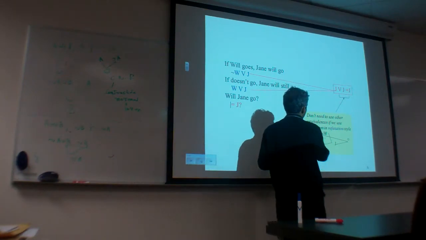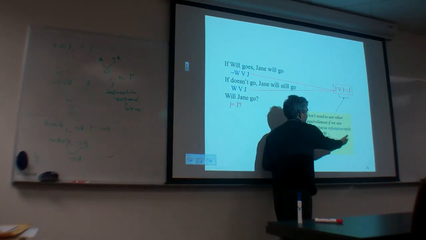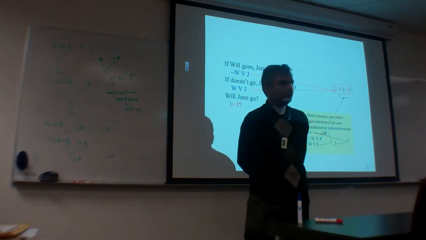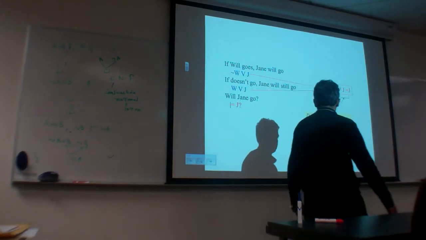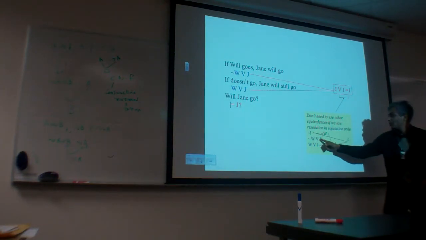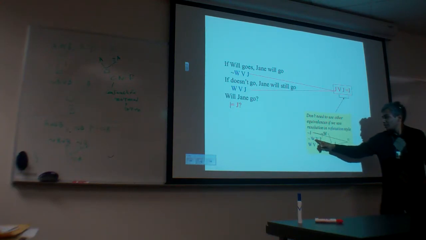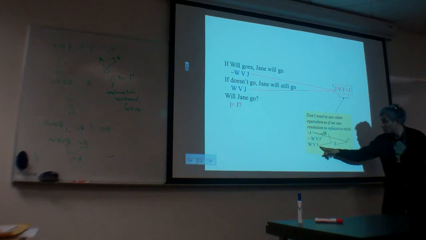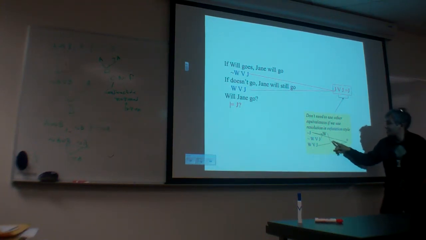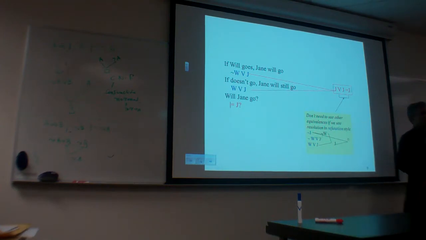Now I can do a bunch of resolutions, and then I'll get an empty clause. In this particular case, I took not J and W or J, and not J and not W or J, and I get not W. Then I resolve not W with W or J, and I got J. Then I resolve J and not J, and I got the empty clause.